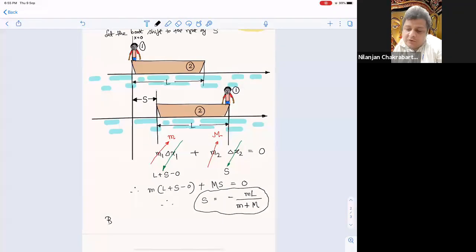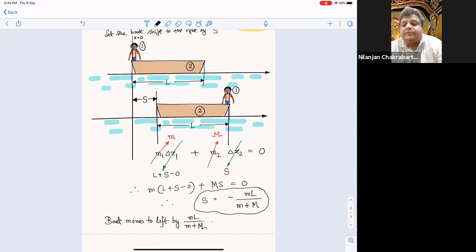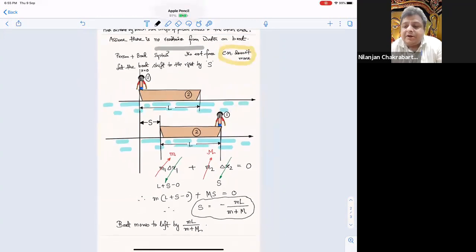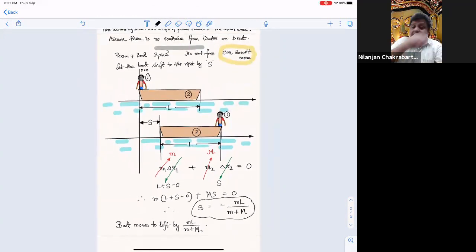That is, the boat moves to the left by this much distance, mL by small m plus capital M. Okay? So go through this problem that I have done, because the next problem you will solve on your own, but it is pretty much similar.